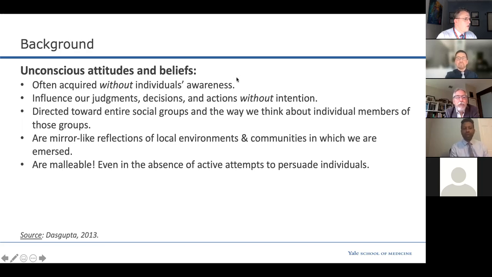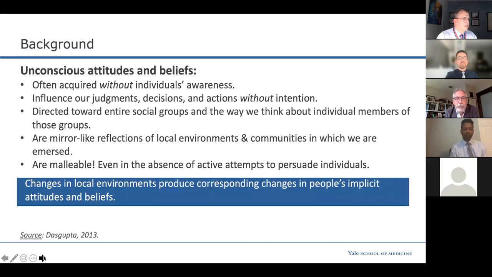Of note, these implicit biases and beliefs are malleable and can change even in the absence of active attempts to persuade individuals. In fact, even changes in the local environment can produce corresponding changes in people's implicit attitudes and beliefs.